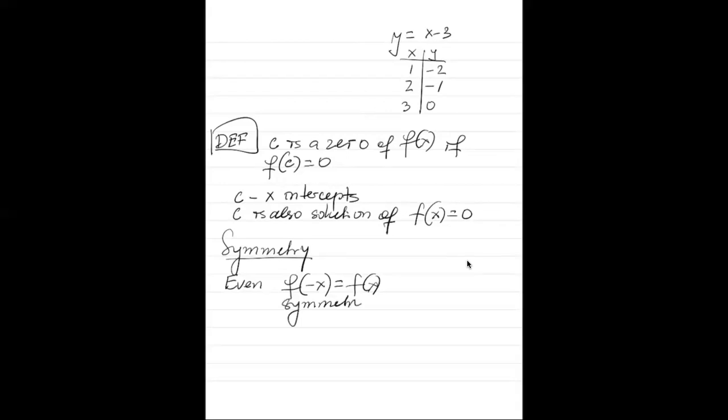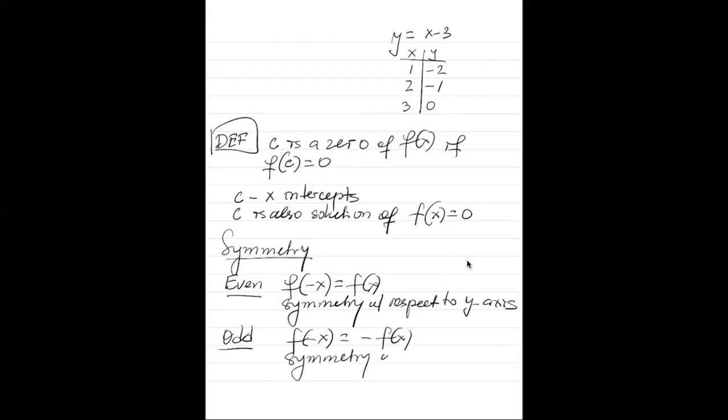An odd function satisfies the equation f of negative x is negative f of x, and we have symmetry with respect to the origin.